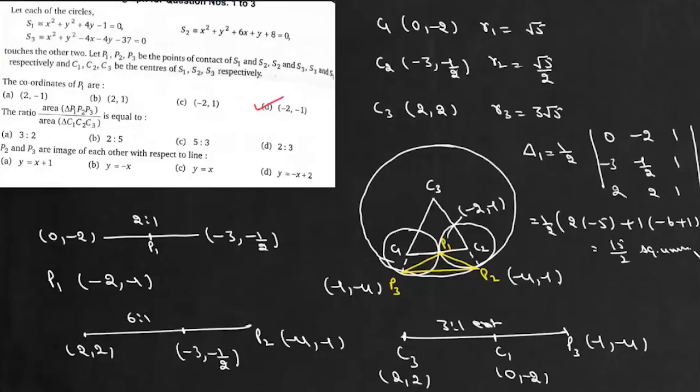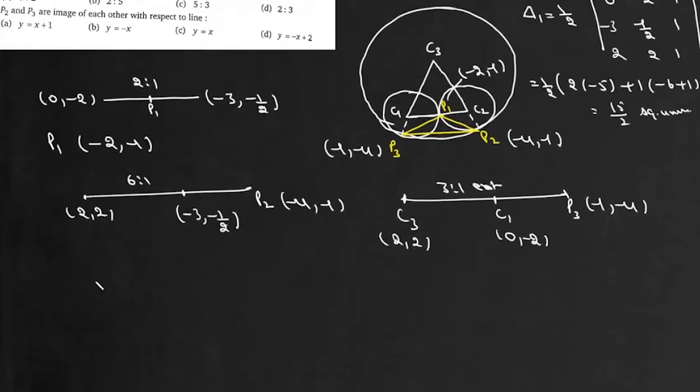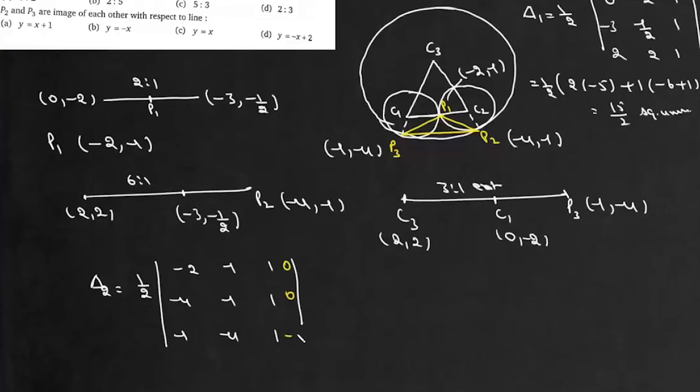Now we will find area of P1, P2, P3, which is say delta 2. And this area will be 1 by 2, and this is the determinant with rows minus 2, minus 1, 1; minus 4, minus 1, 1; and minus 1, minus 4, 1. Now if we add these two rows, we'll get 0, 0, and minus 3.